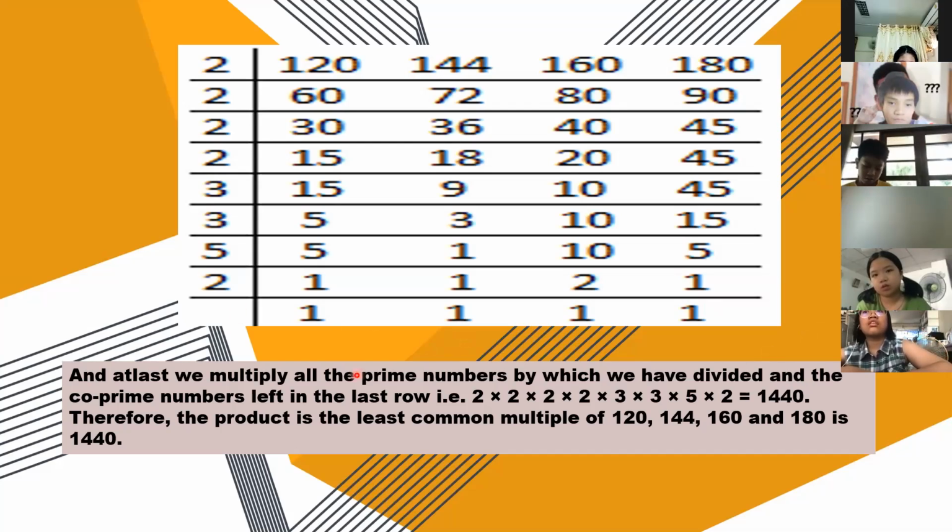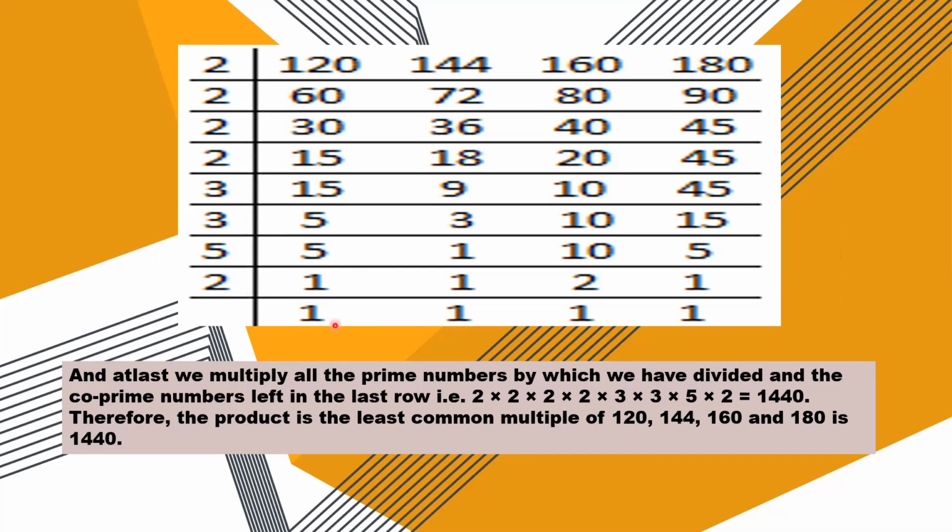Okay, as you see, all the last row is 1. At last we multiply all the prime numbers by which we have divided the co-prime numbers left in the last row. For example, this is 2 times 2 times 2 times 2 times 3 times 3 times 5 times 2.